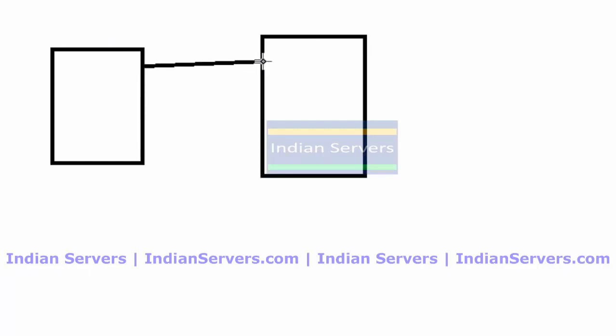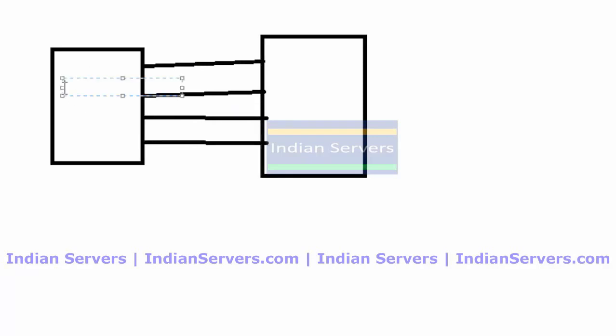So this decoder is 1x4, so it has one input and four outputs. This is a decoder. This one is Arduino.